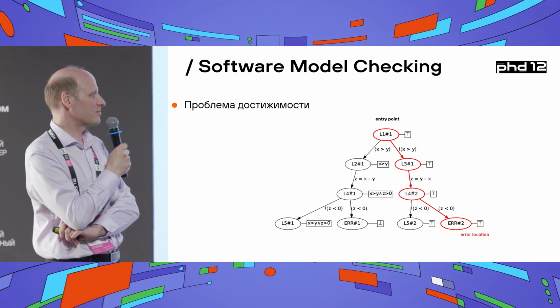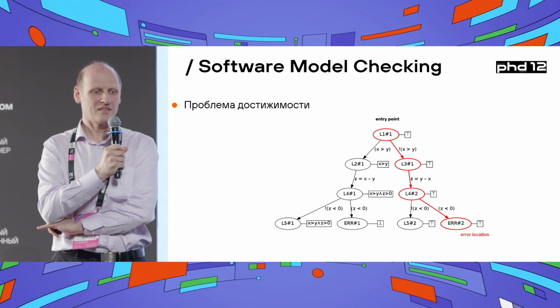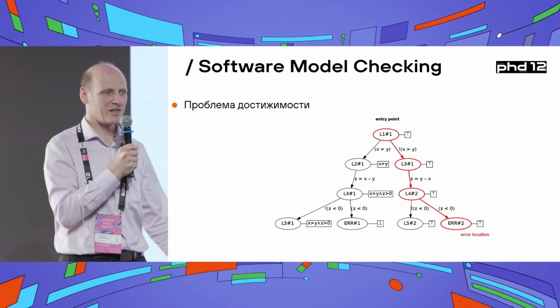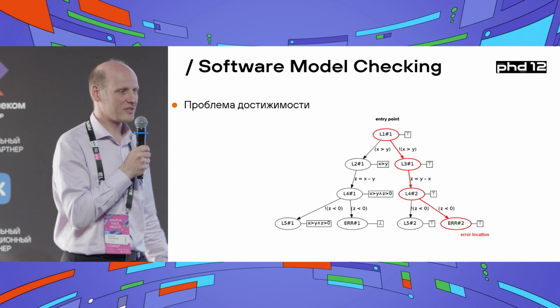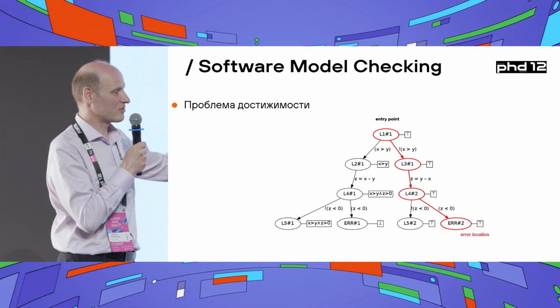Then what are we going to do? If we take not 30 million lines, but about 1,000 lines, what do we expect?